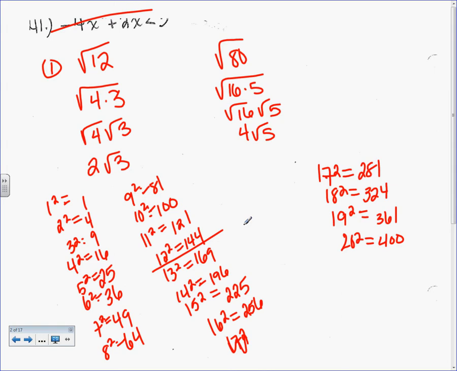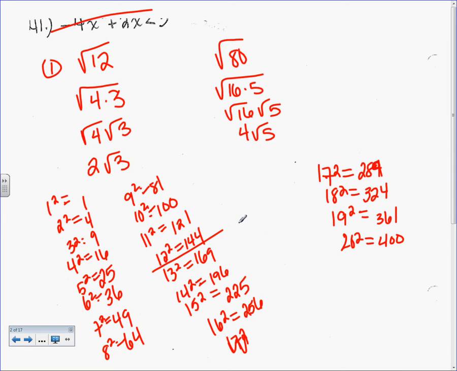Wait, what do you want to write down for 17? Is it wrong? 289. Yeah, 289. Sorry. I must have heard it wrong. 17 squared is 289. Okay.